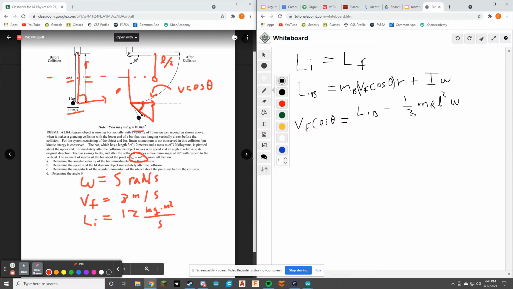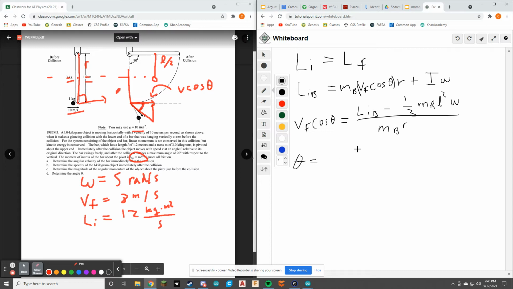Then we divide by the mass of the ball and our radius, and then by our final velocity of the ball, and then we take the inverse cosine.